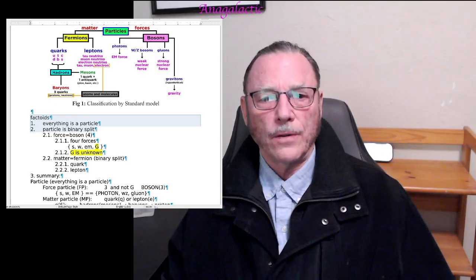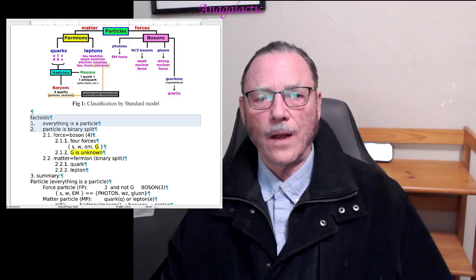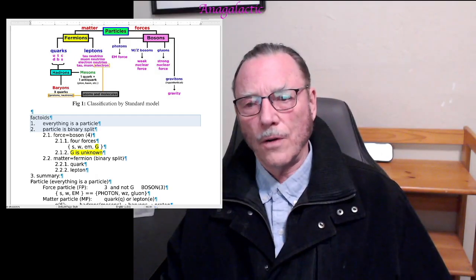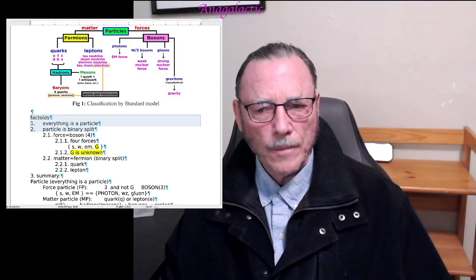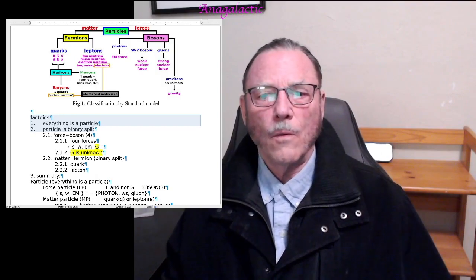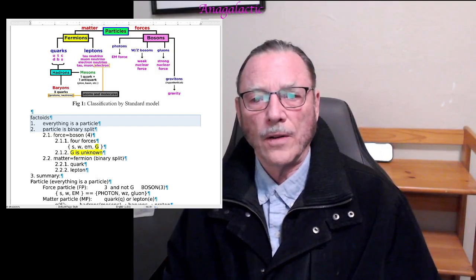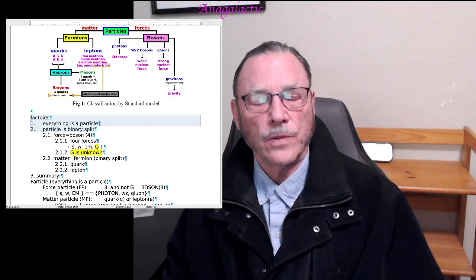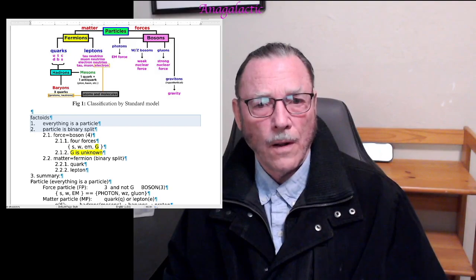Okay, so those are the four categories of force particles. The photon is considered to be one of them. It's for the electromagnetic force. The W and Z bosons are for the weak nuclear force, and the gluons are for the strong nuclear force. That's really the central target. What these scientists are after as they serve the Godfather, who's trying to murder pretty much everyone on Earth except for one government, whichever one that is, and we're finding out which one that is pretty quickly in 2024.